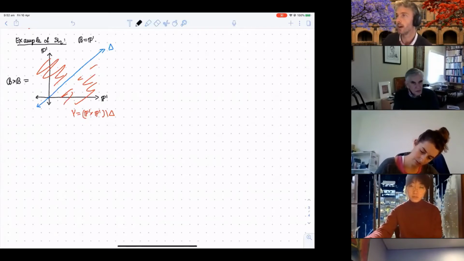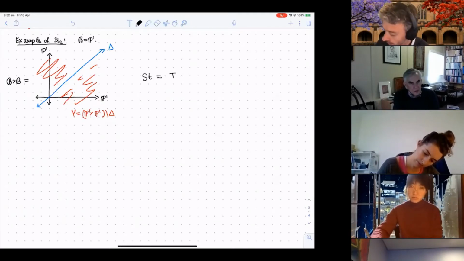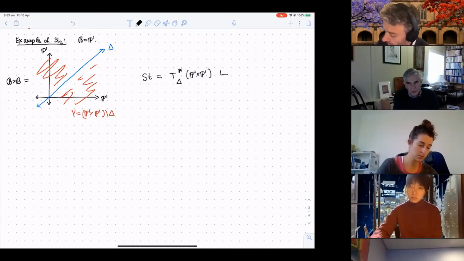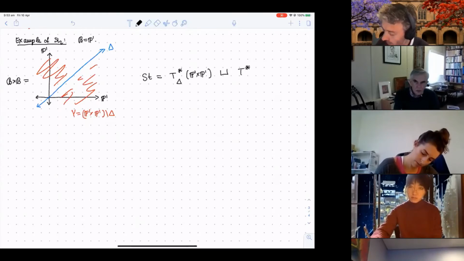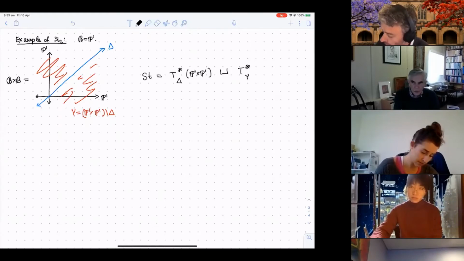So the Steinberg variety is the conormal space of the diagonal inside P1 times P1, union, so disjoint union, the conormal space to Y inside P1 times P1.